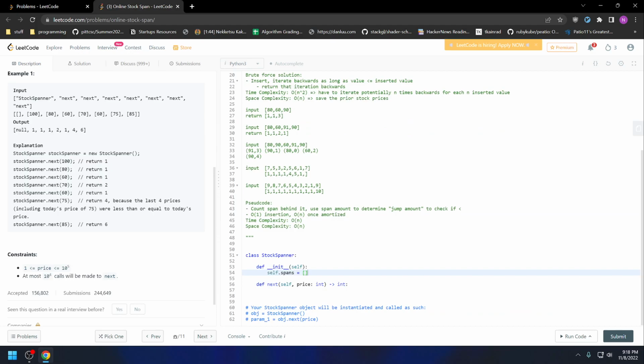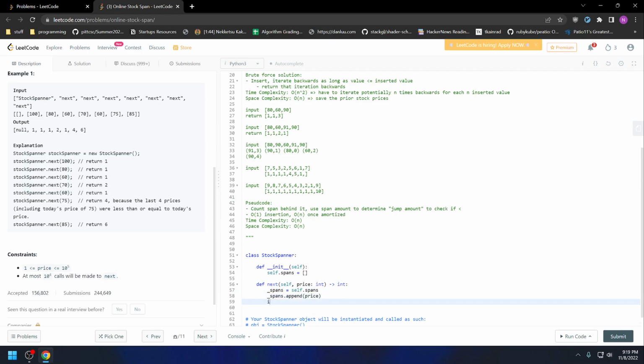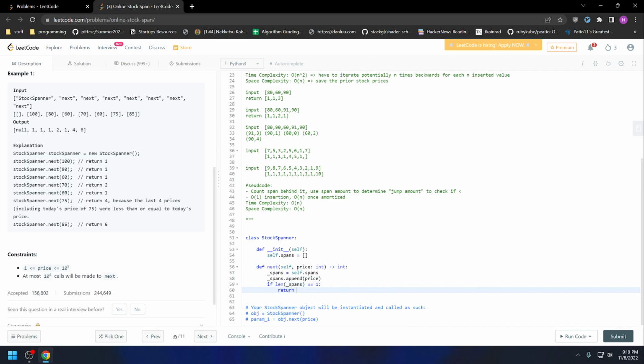Okay, so self.spans. Okay, self.spans.pin price. Spans equal to self.spans. Spans.pin price. If length of spans equal 1, return 1.